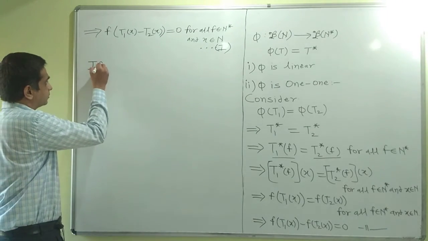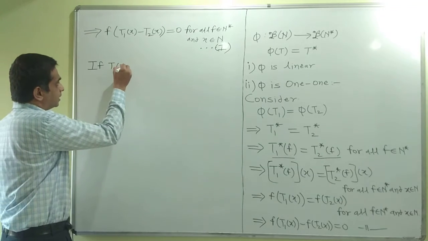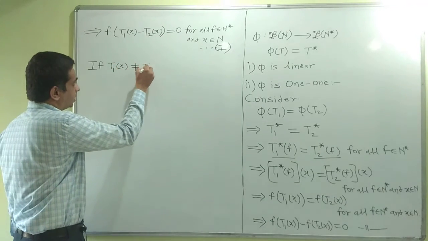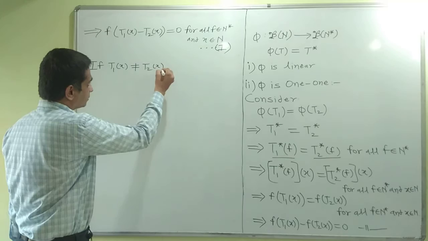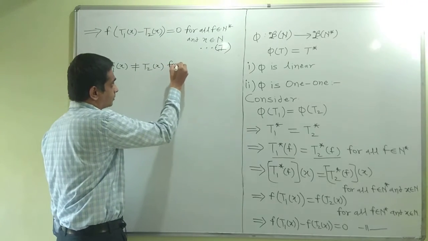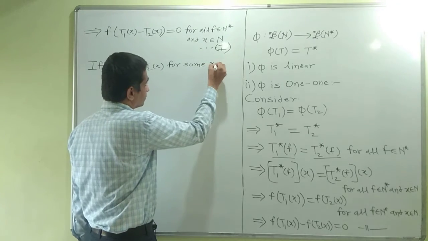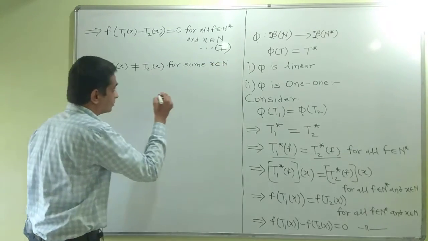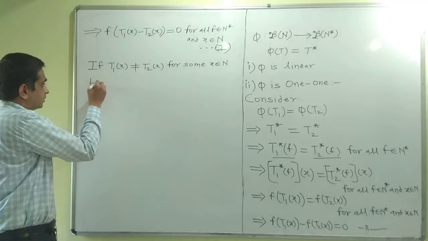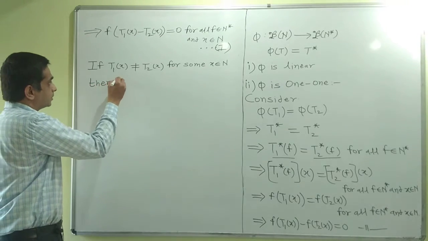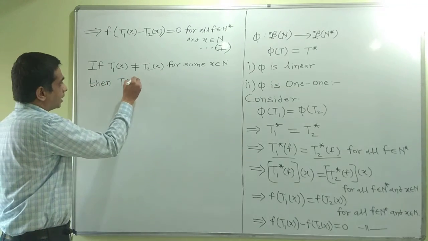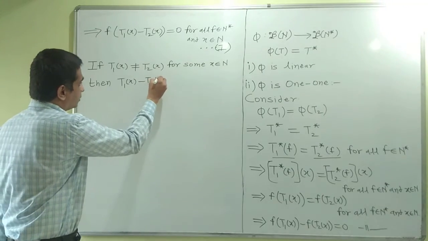If T1x is not equal to T2x for some x belongs to N, then T1x minus T2x is not equal to 0.